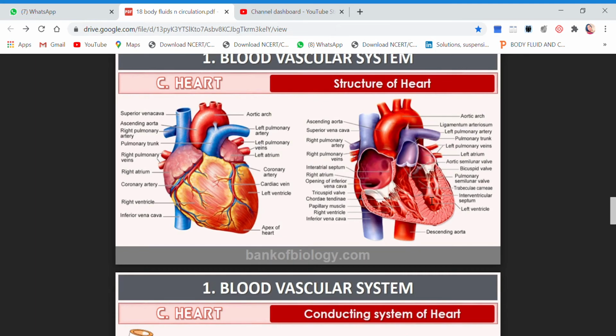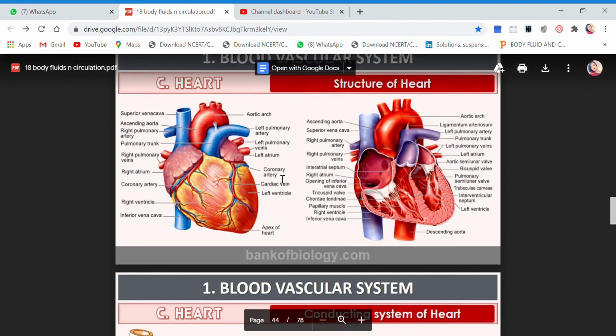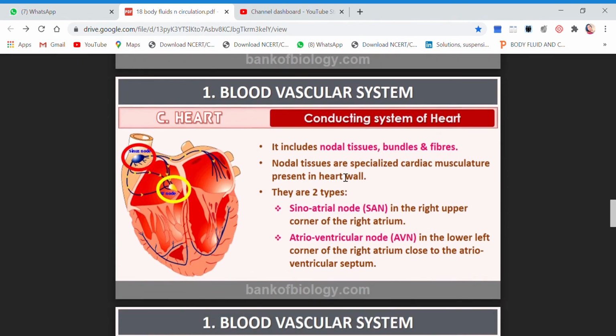Now the ventricles get filled up and contract, and the blood moves on to the pulmonary artery and aorta respectively. The pulmonary artery carries deoxygenated blood to the lungs for oxygenation, and from the aorta the blood is carried to the various body parts. Okay, a brief description of the human heart and circulation.